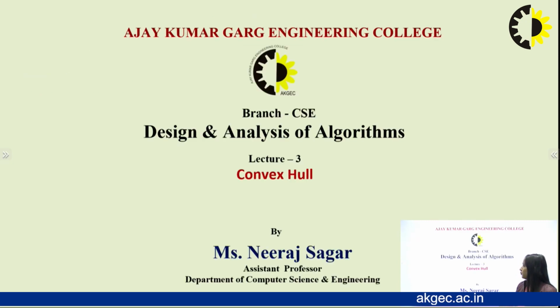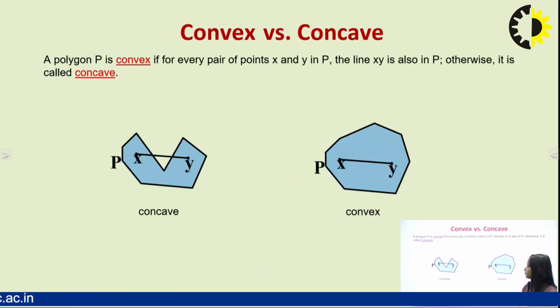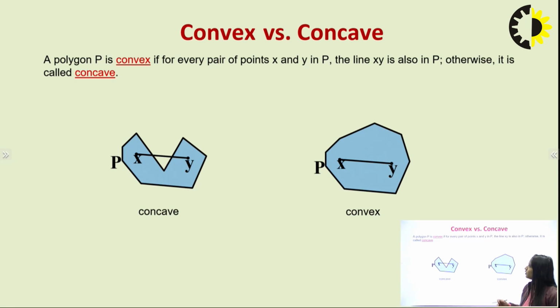So basically today I am going to discuss the next complex topic, convex hull, which is from your third unit in the AKGEC syllabus of Design and Analysis of Algorithms, right? Convex hull is basically a polygon.